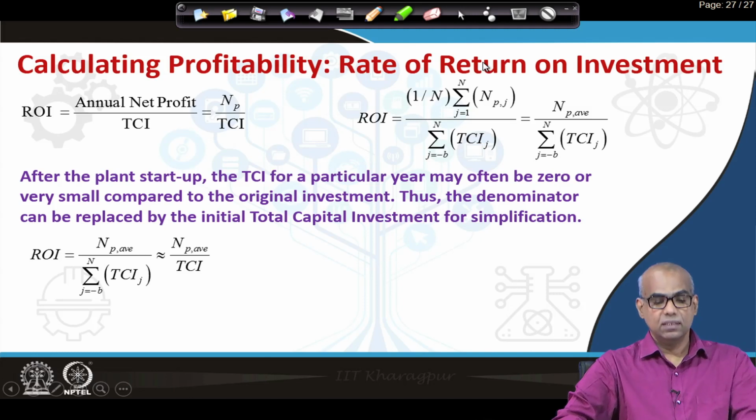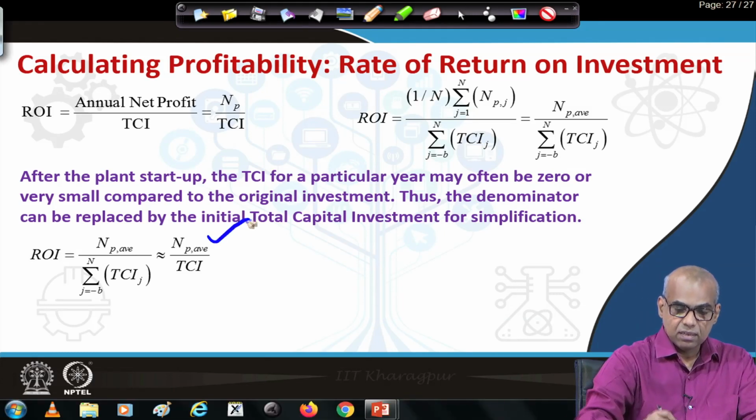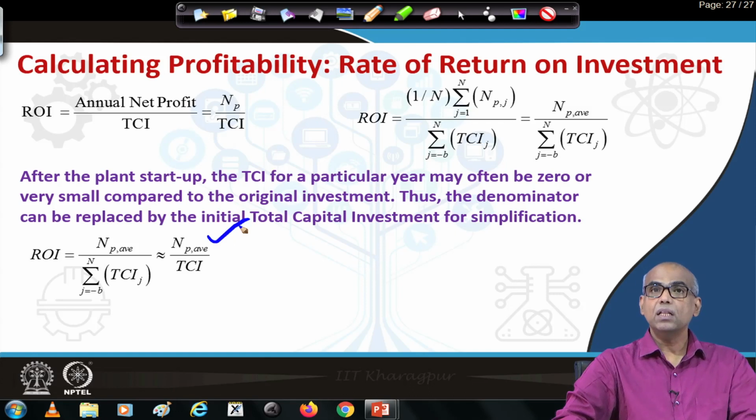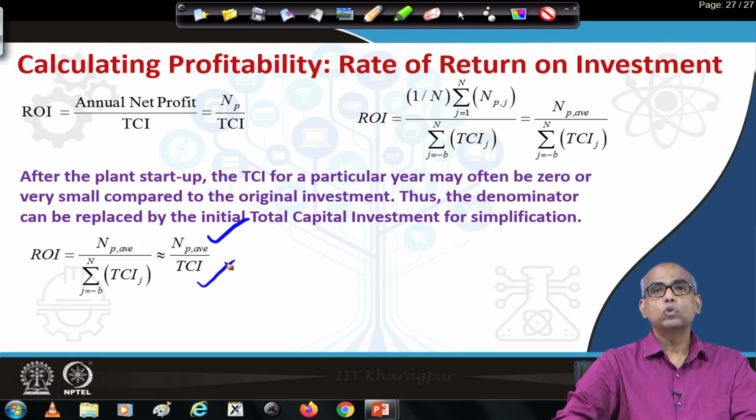So, I can redefine the rate of return on investment as the annual average net profit divided by the total capital investment that is taking place initially.